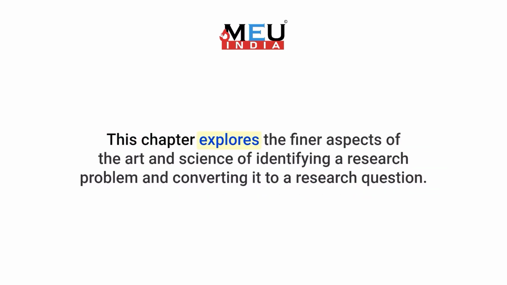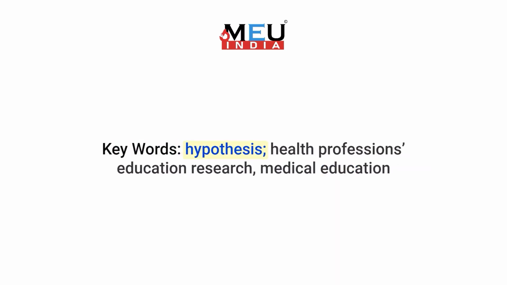This chapter explores the finer aspects of the art and science of identifying a research problem and converting it to a research question. Key words: hypothesis, health professions, education, research, medical education.